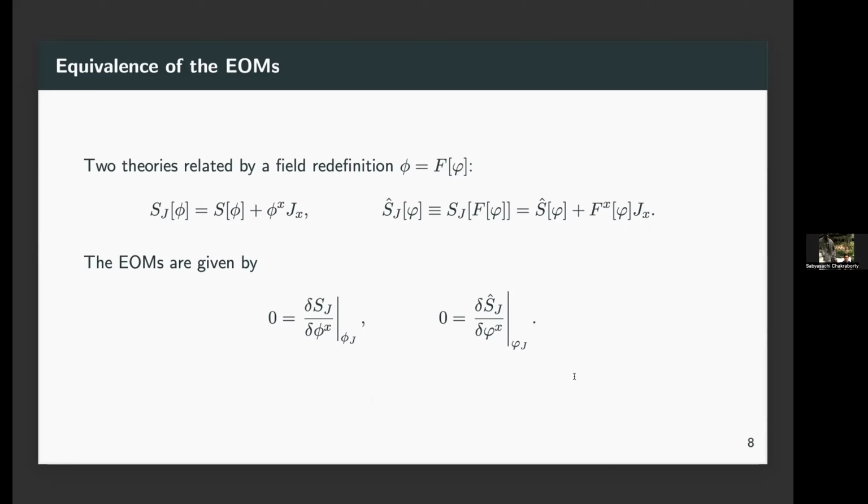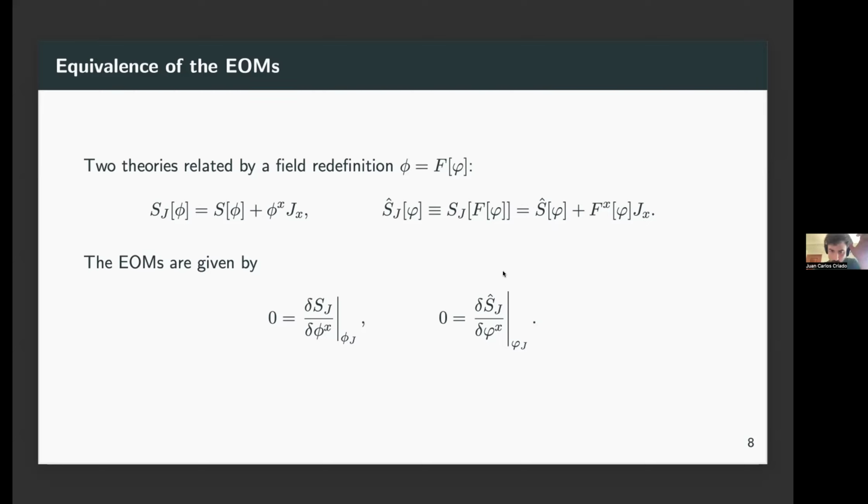A quick question is, with any interpolating field, the Jacobian or the source term, what happens to them with a generic interpolating field? So yeah, the Jacobian should be non-singular. This is essentially what I was saying. In quantum theories, there will be a determinant of the Jacobian in the path integral, and that can be non-trivial.